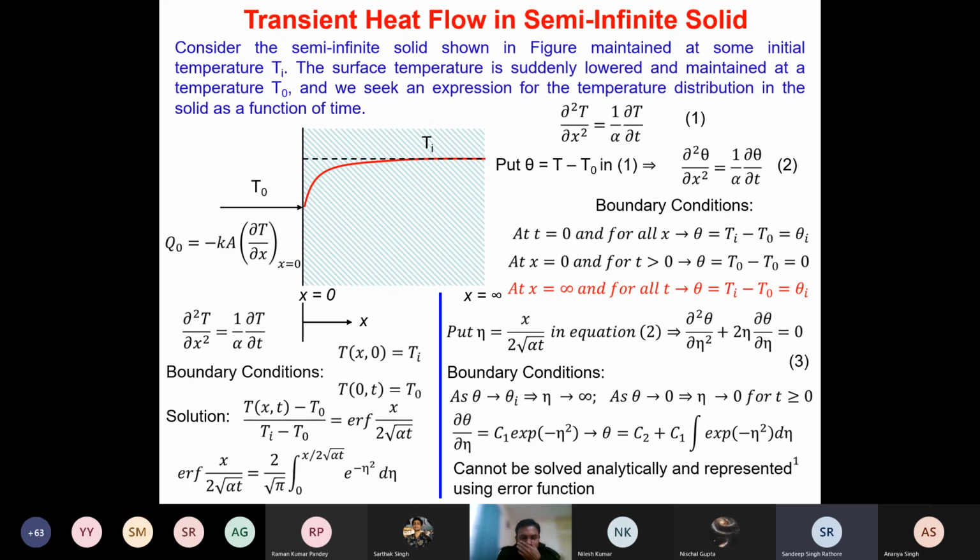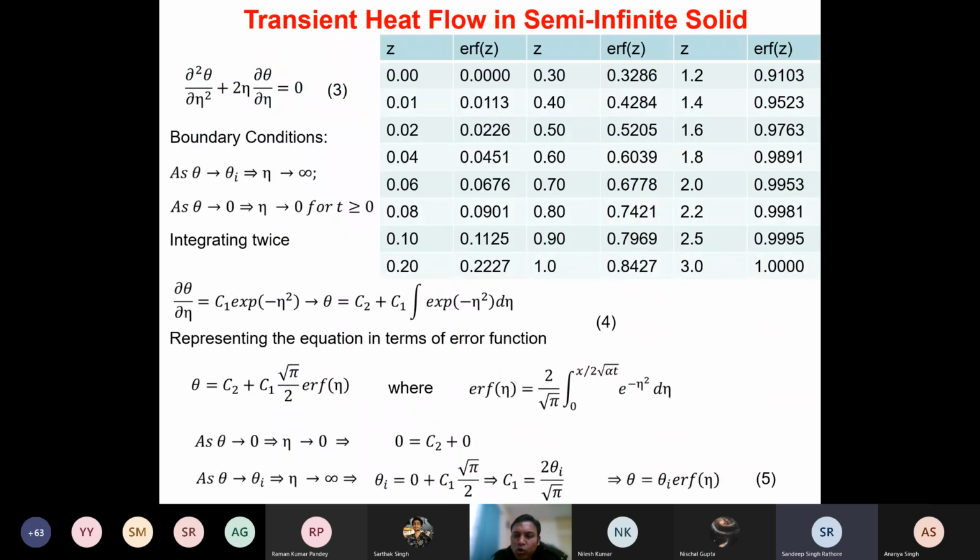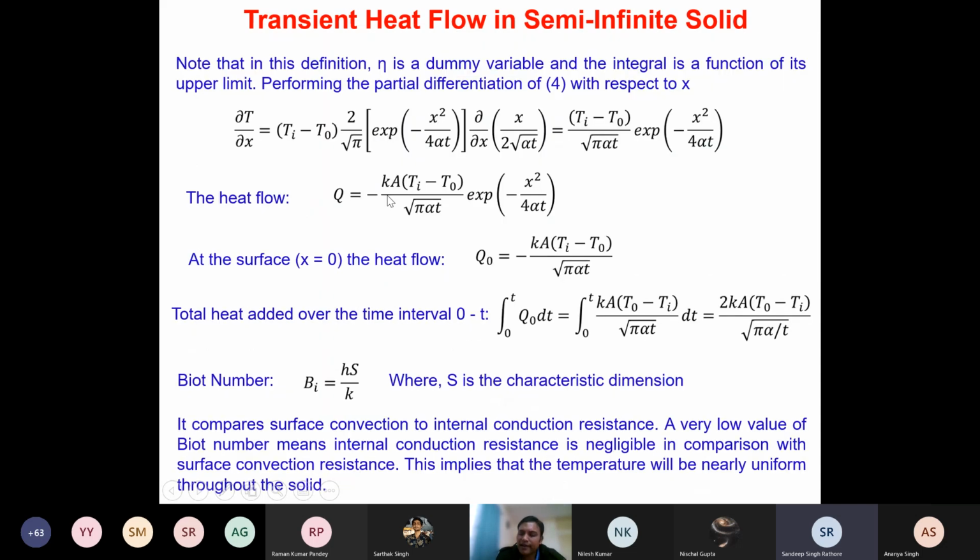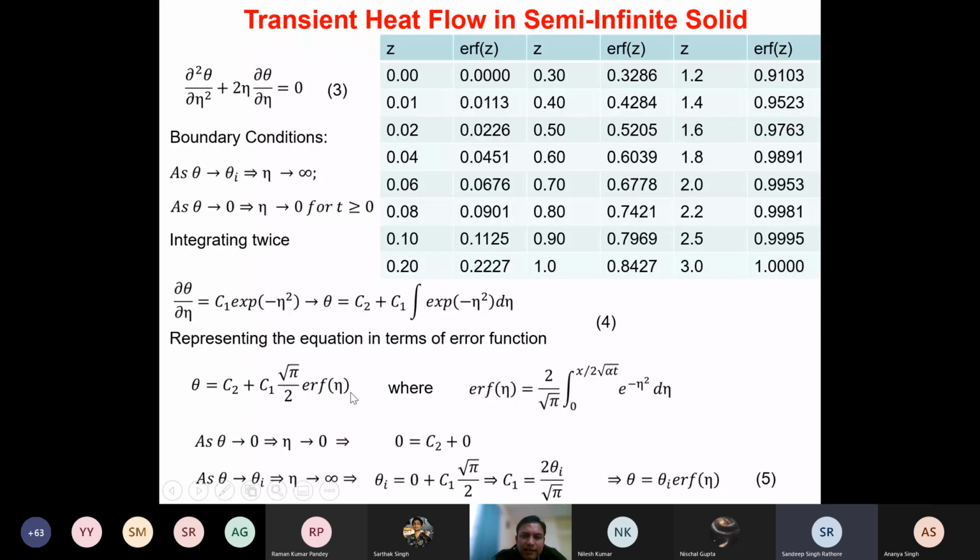Since the entire solution we have obtained is in terms of eta, and eta is a dummy variable, we want to find the solution in terms of known quantities like Q or small q. So let us work with equation number 4, where C2 is 0 and C1 is given as 2 theta I by pi.